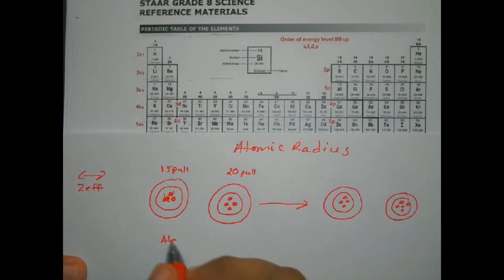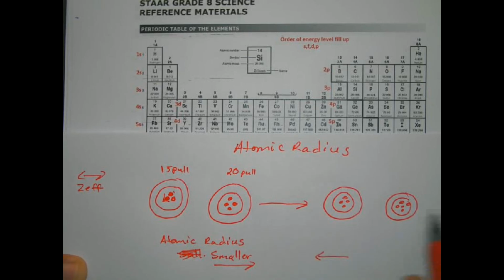We know our atomic radius gets smaller as you move to the right on the periodic table. Okay? The atomic radius gets smaller as you move right. What does it mean if you go left? What happens to the atomic radius if you go left on the periodic table?